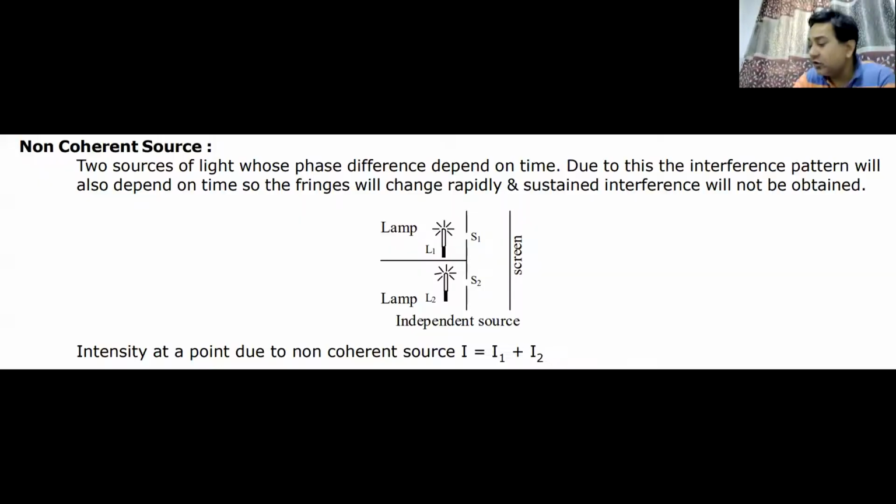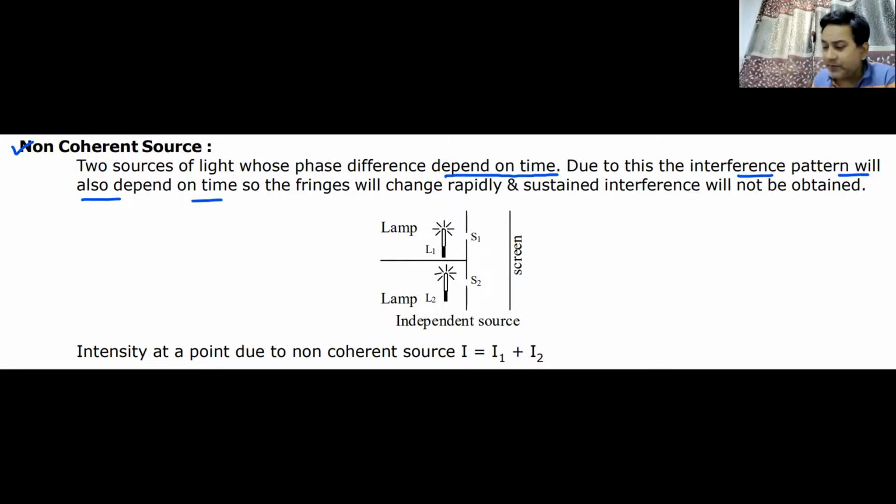So what will be the opposite of a coherent source? In a coherent source, the phase difference was constant with time. In the other type of source, known as a non-coherent source, the phase difference will depend on time, and therefore the interference pattern will also depend on time.